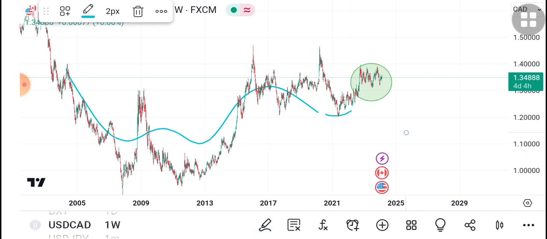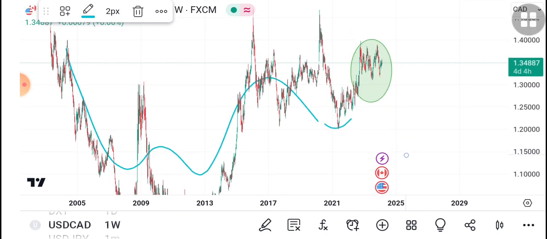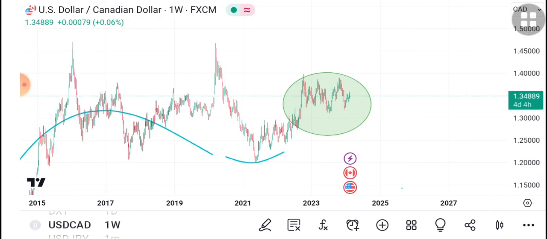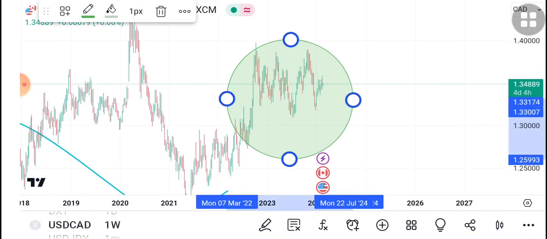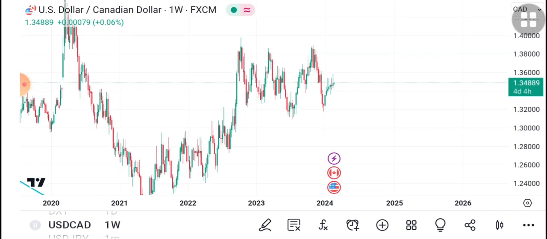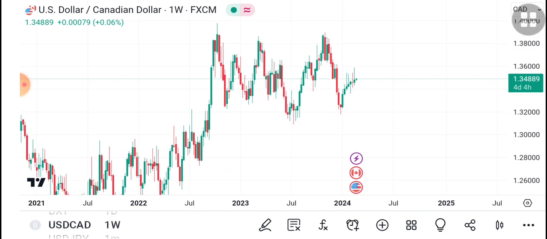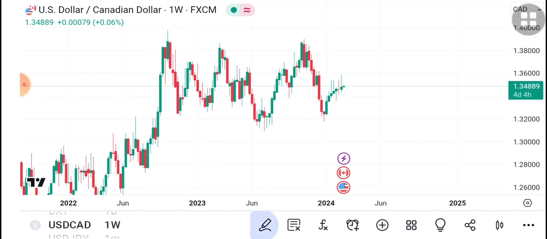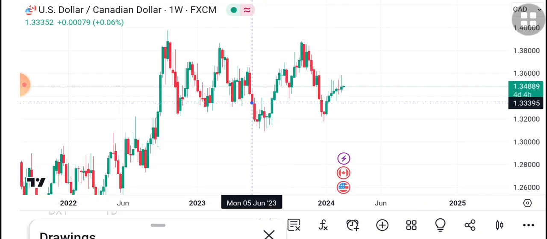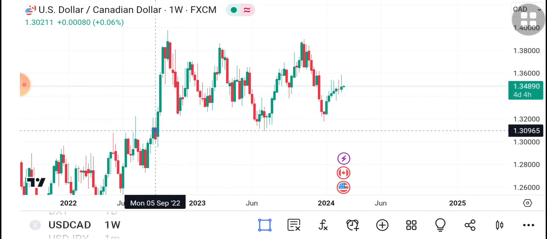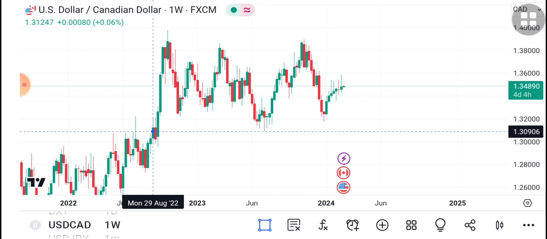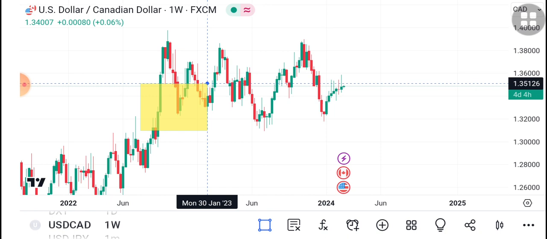So now we are on this part. As our first step says, we're going to check our weekly high and our weekly low. Let me start with our weekly low. Our weekly low is somewhere here.